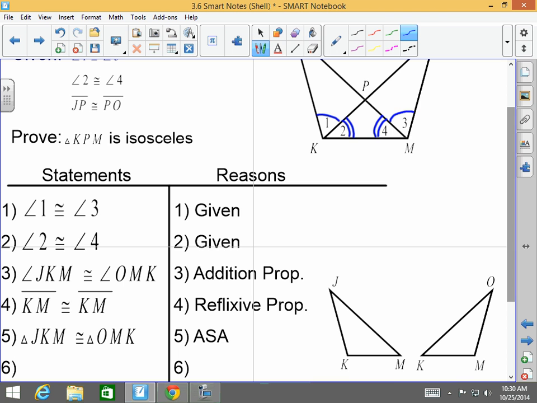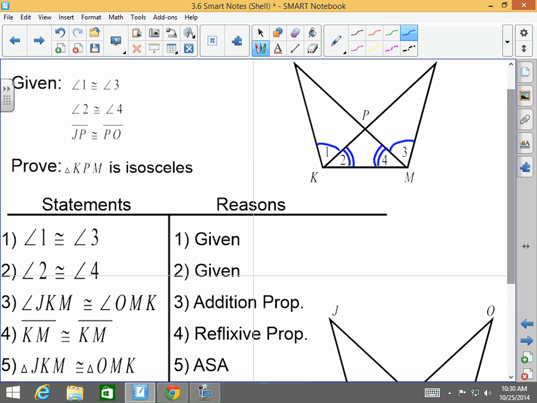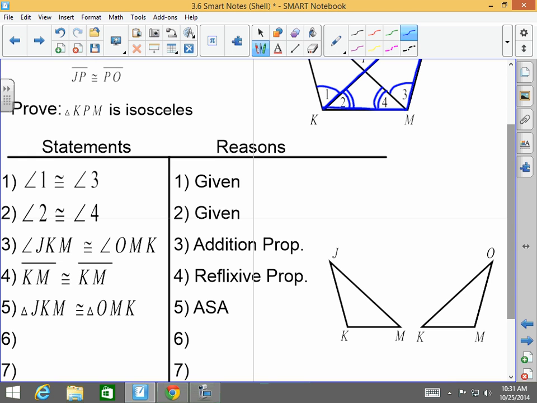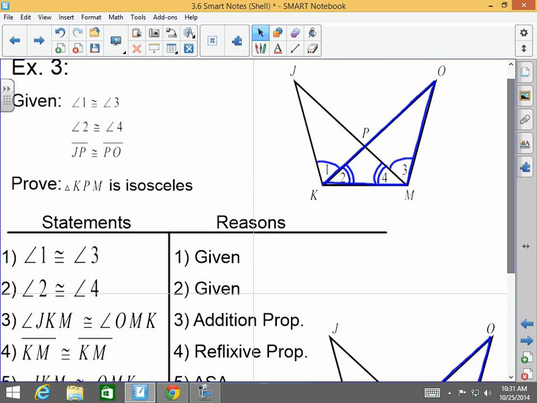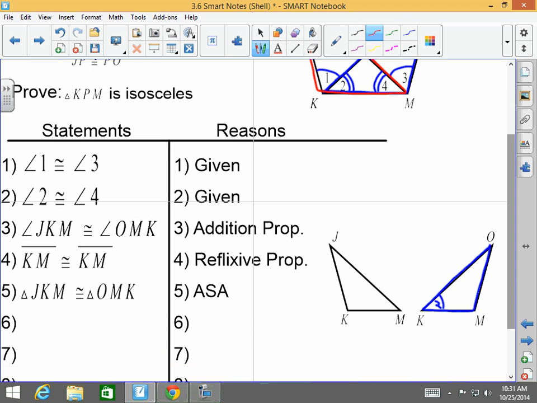Angle 2 from our blue triangle here, OMK, that would be my angle 2. So that means that angle OKM is congruent to angle 4, which is my red triangle here, which is angle 4 right here, angle JMK.